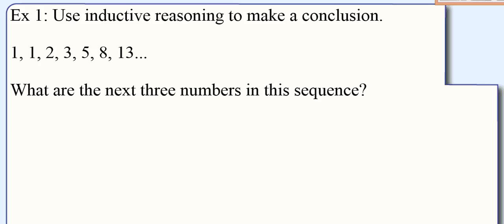So now we use inductive reasoning to look for a pattern. And then we're going to make a guess about the next numbers and we'll test it out. So looking at these numbers, 1, 1, 2, 3, 5, 8.